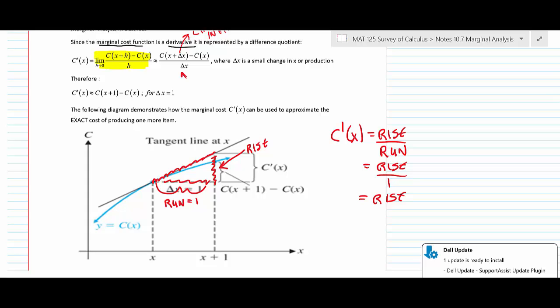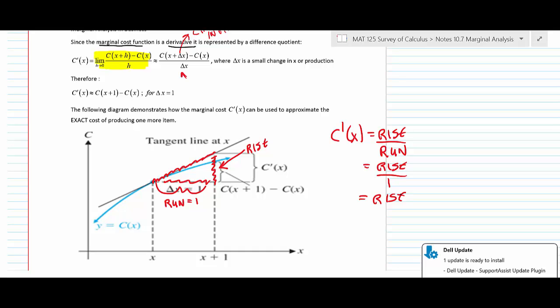So what I'm trying to show you is why C prime of X is an approximator for the exact cost of the next item. That's the idea. Yes? You said the rise over the run of that area is the value of C prime of X? Yes, exactly.